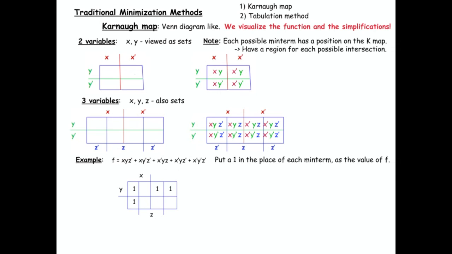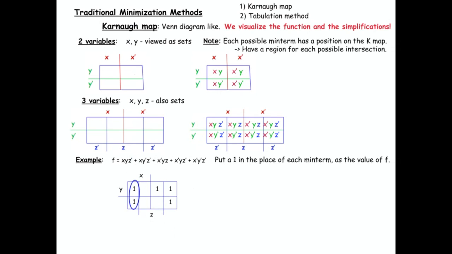And the last one, complement of x, complement of y, and complement of z. So this is the K-map for this function f. The rest of those are zeros, but you can just leave them blank.